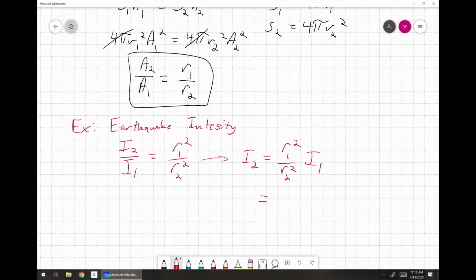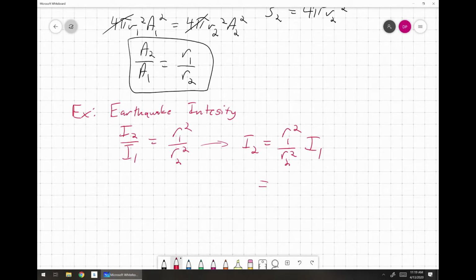At this point, it's a relatively straightforward example. We were given the intensity, 1 times 10 to the 6. We know that R1 is 100 kilometers and R2 is 400 kilometers, so all we have to do is plug in the numbers. Whenever we have these kinds of ratios of distances, you don't need to convert your units, because you're dividing one by the other and the units are going to cancel out anyway.